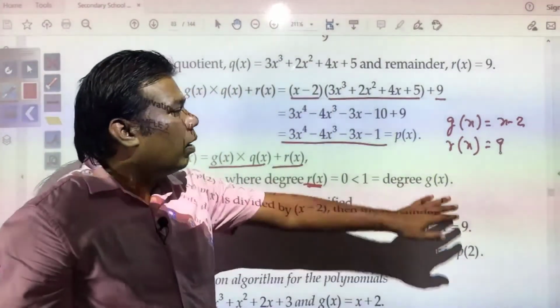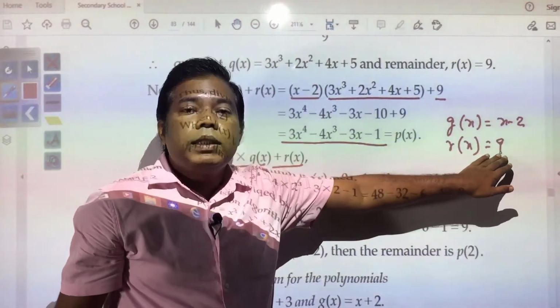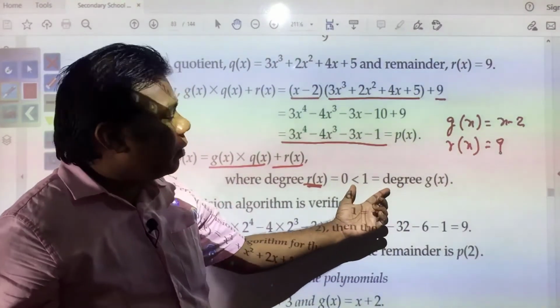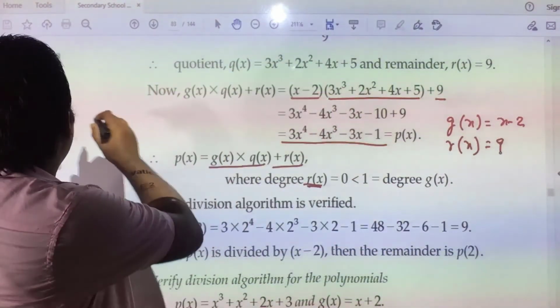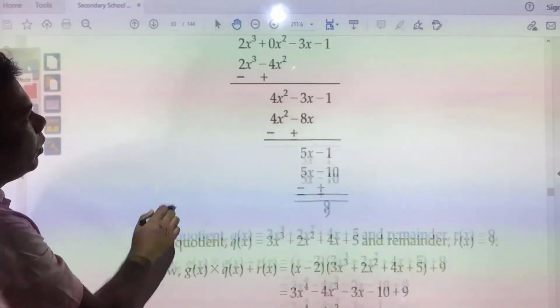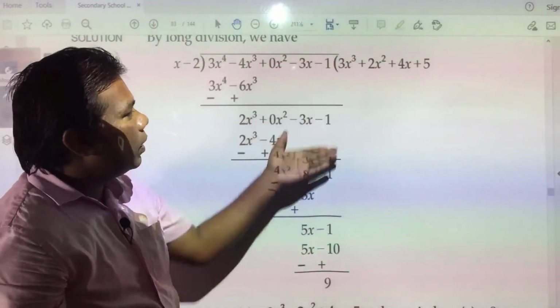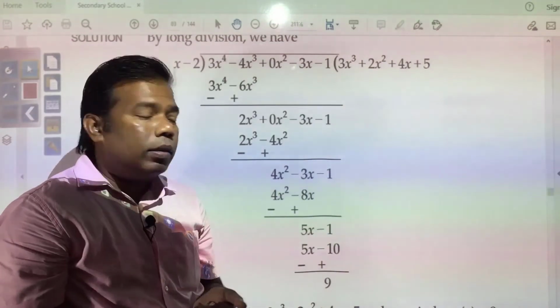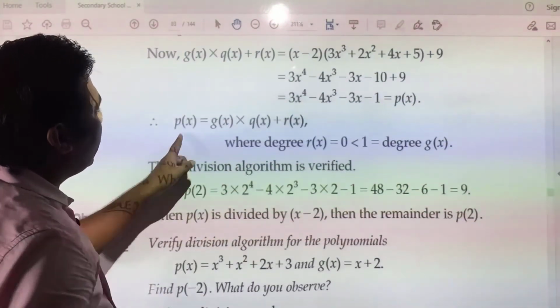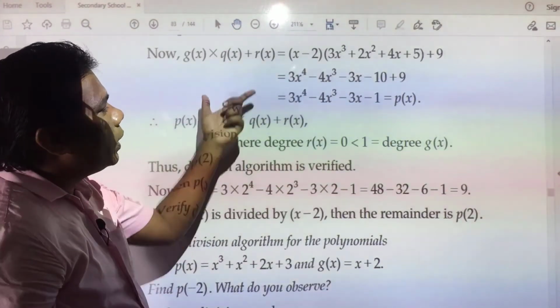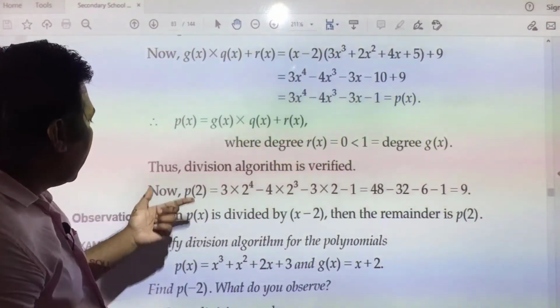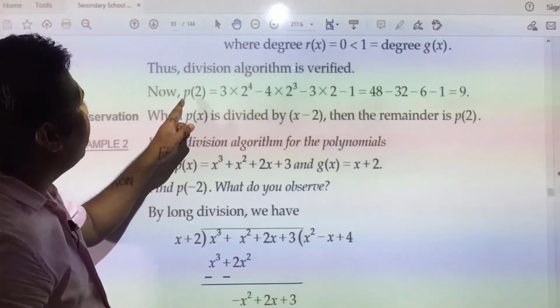It means degree of this polynomial is 0, and that is verified. So in this way we need to do a verification. First we need to divide what has been given, and then P(x) = G(x) × Q(x) + R(x). We need to show that is coming or not, and then you had to find out P(2).